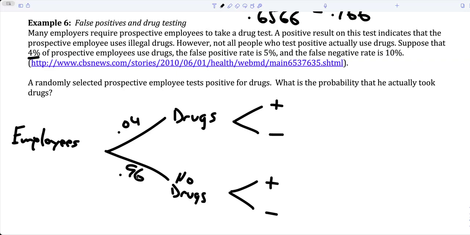And so this would have to be 0.96. And so if they test positive and they are actually using, then that's correct.